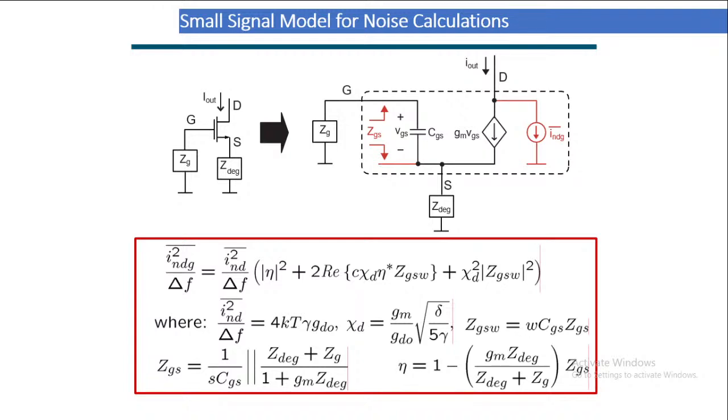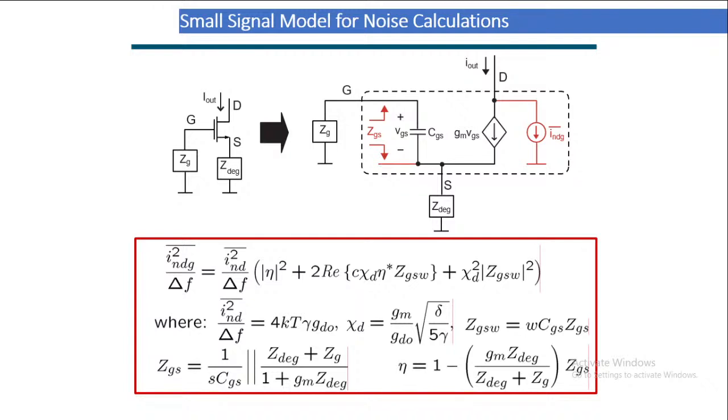ZD also we discussed: ZD is equal to GM by ZDO, root over of delta by 4 gamma. ZGSW is equal to omega CGS into ZGS. ZGS is equal to 1 upon SCGS in parallel with ZDEG plus ZG, divided by 1 plus ZDEG.